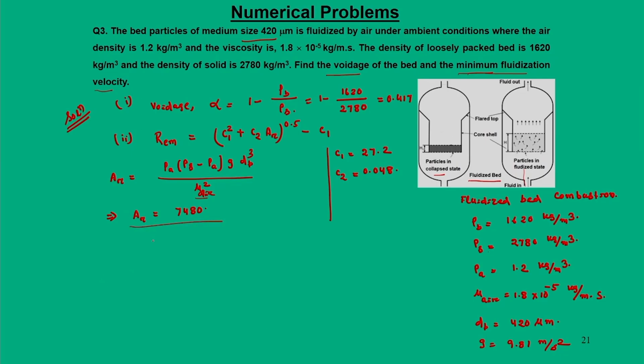Then we can rewrite the Reynolds number as rho air into Um, that is the minimum fluidization velocity, into dp, divided by mu air, which is equal to (C1 square, 27.2 squared, plus C2, 0.048, into 7480) all to the power 0.5 minus 27.2.